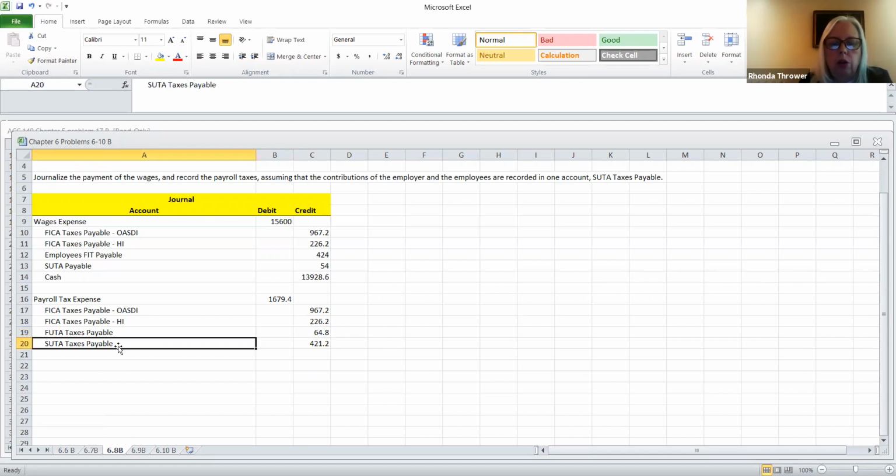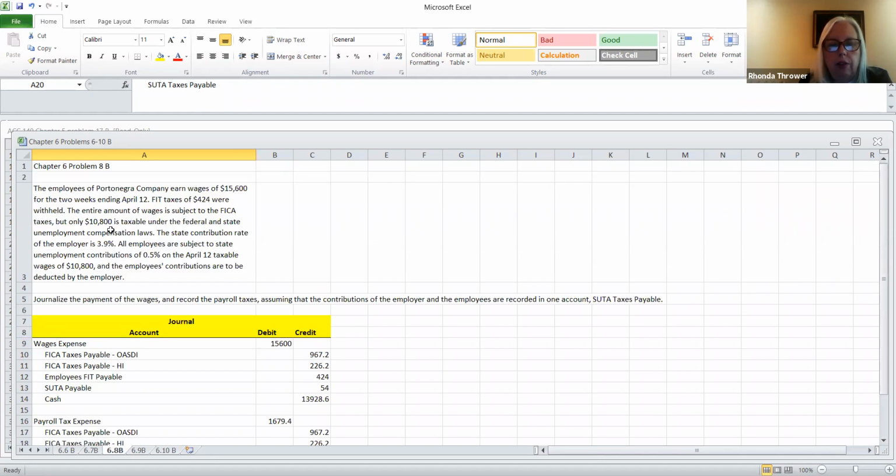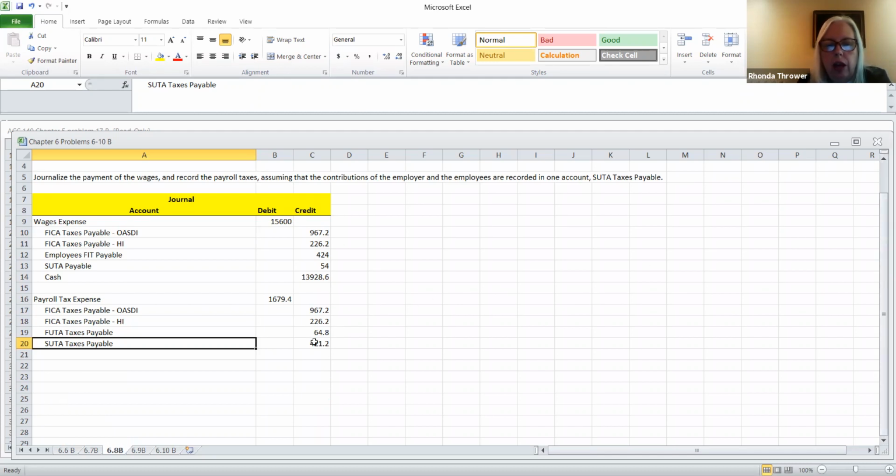The employer also has to pay the state unemployment tax, and that's based on the amount of 10,800 that we would multiply by the state rate, which is 0.039, and that will give me $421.20. All of these credits added together will equal your debit to your payroll tax expense.